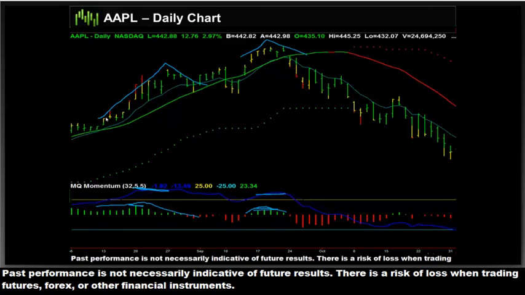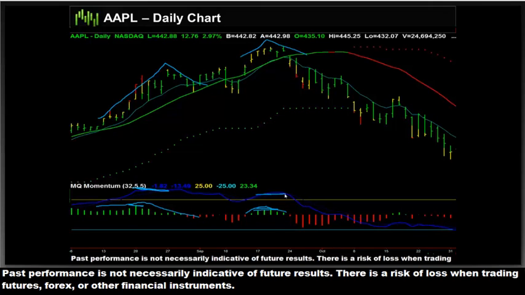So what we basically have is prices making a high and then moving higher. We have the histogram or the indicator of MQ Momentum, and both the histogram and the indicator line made highs right here, but whereas the price is making new highs, the indicator itself is actually not reaching the same level of height as the previous area of the momentum.